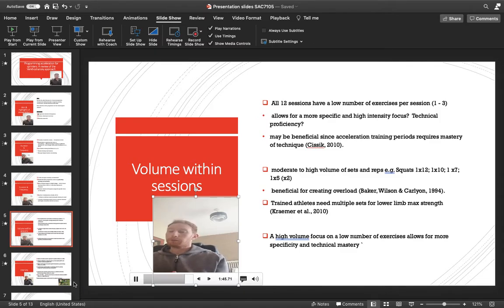It's just that for sprinters, we want multiple sets of just a few different exercises. A maximum of 3 can be beneficial so that we're not overloading too much. So again, a high volume focus on a low number of exercises will allow for more specificity and technical mastery.